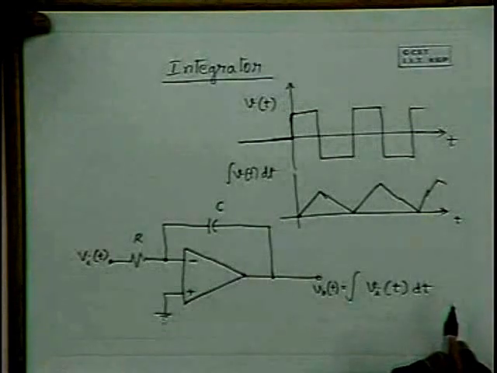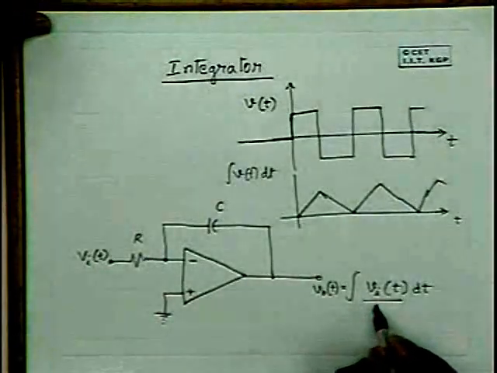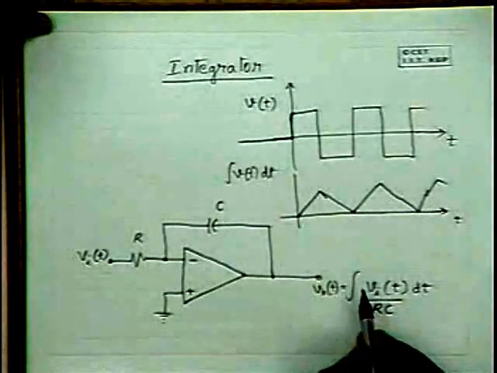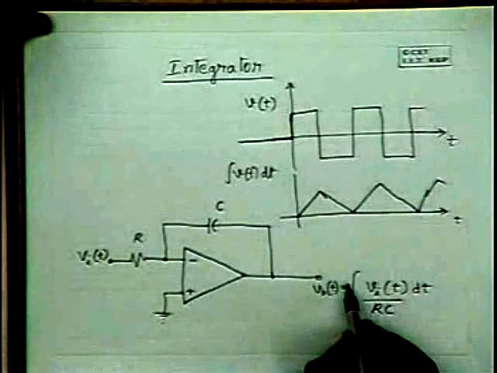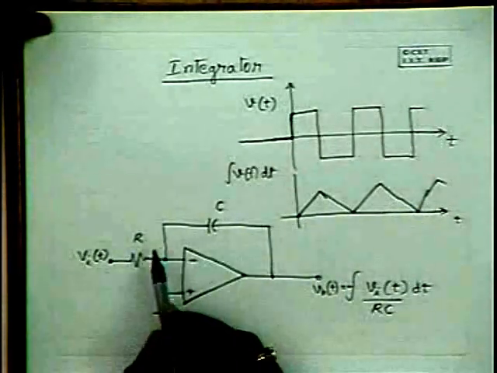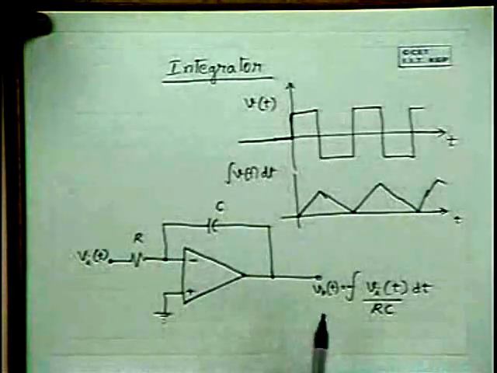with a scaling factor equal to 1 by RC, and there is a negative sign because the feedback is applied to the negative terminal and it is an inverting amplifier.